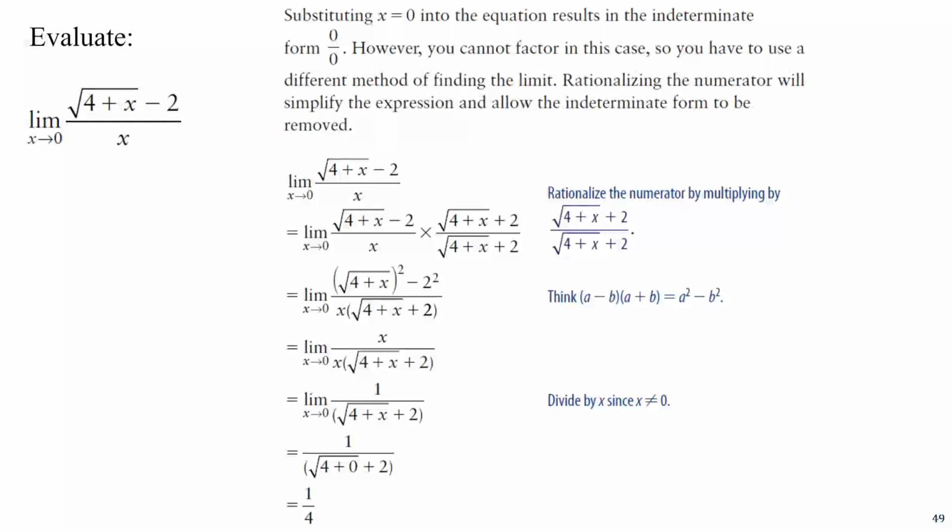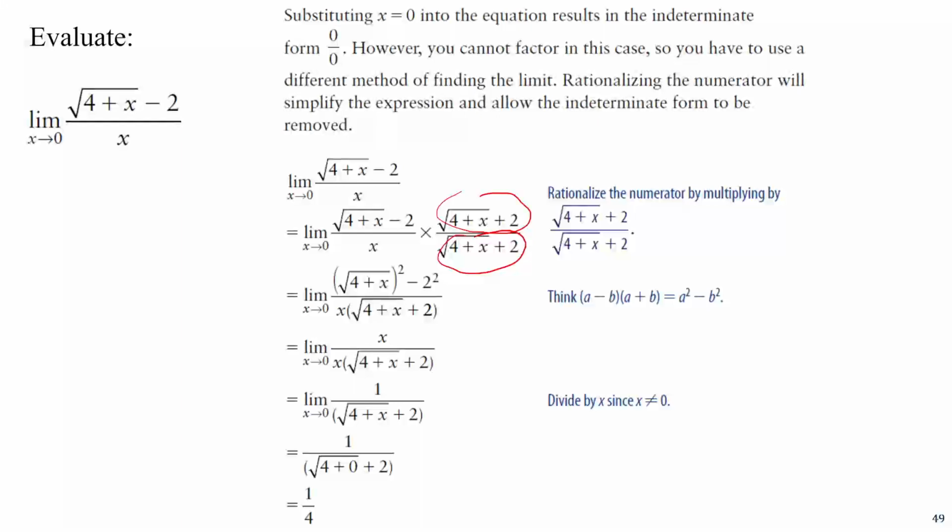We can try rationalizing either the numerator or the denominator. In this case, we can try to rationalize the numerator. So we can multiply both the numerator and denominator by this expression. And then your numerator becomes (square root of 4 plus x) squared minus 2 squared, which is x.